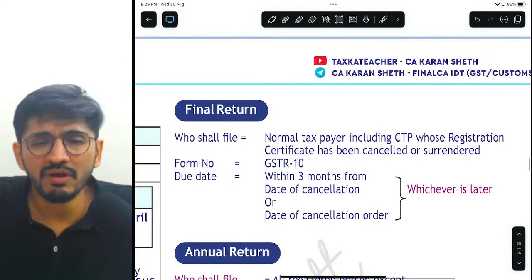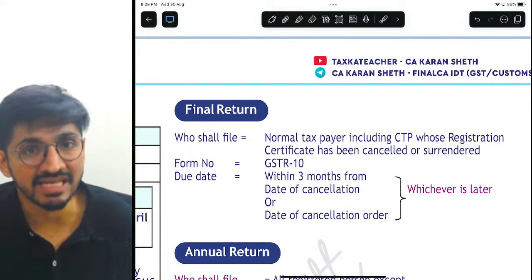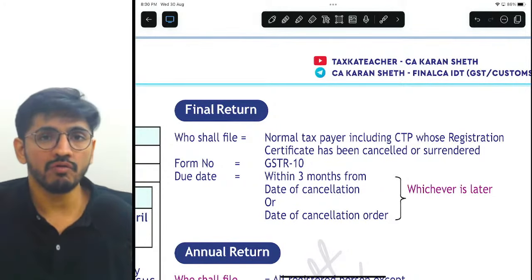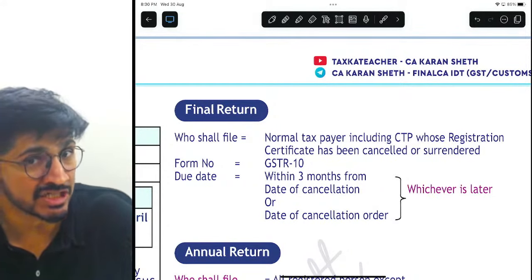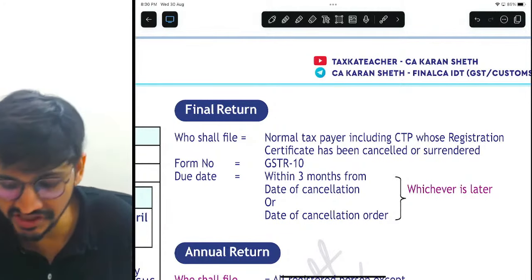Next is the final return. Now, who will file the final return? Who is going to leave the GST Act? And how? Because he is now about to become an unregistered person. And how will that happen? Because he is cancelling his RC.